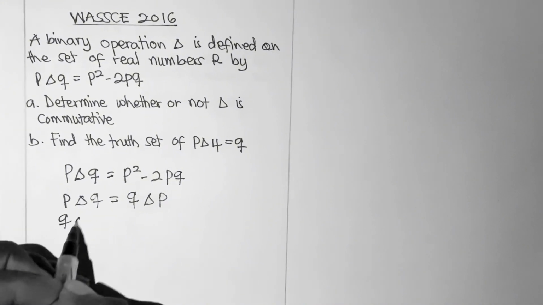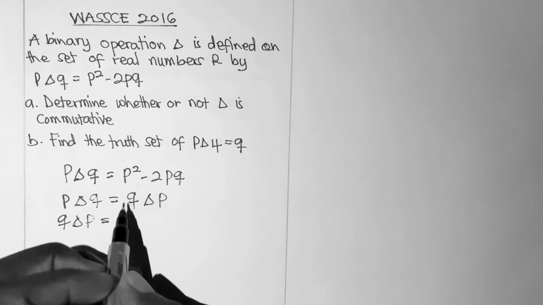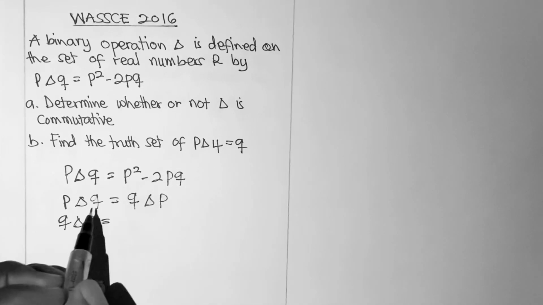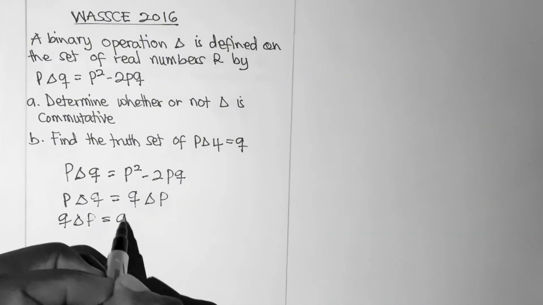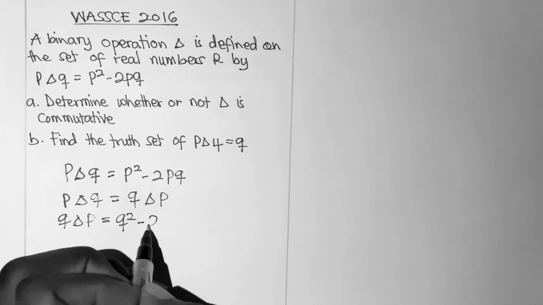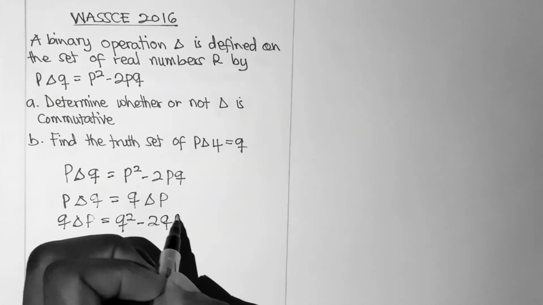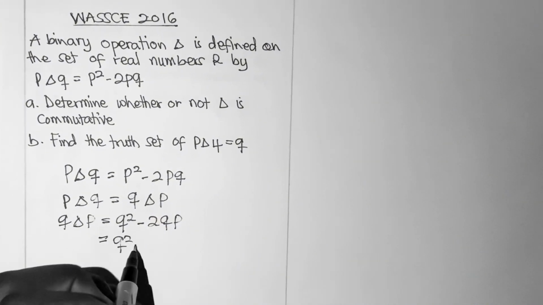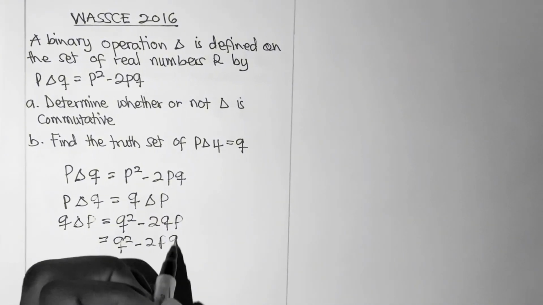So we have P operation Q. Let's find Q operation P. That will be equal to, wherever we see P, we replace it with Q, and wherever we see Q, we replace it with P. So here becomes Q squared minus 2QP. So if we rearrange, here becomes Q squared minus 2PQ.